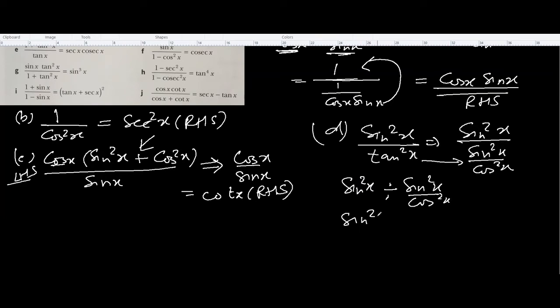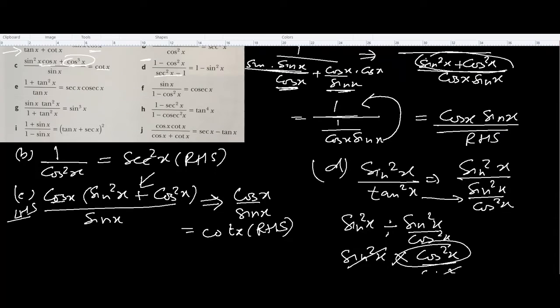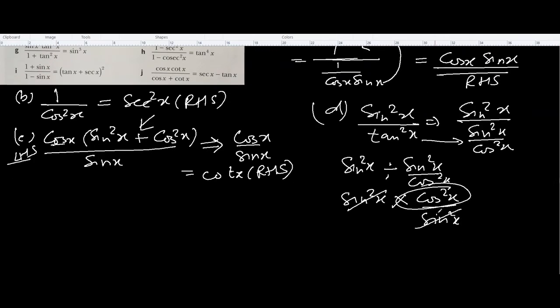So it can be written as sin square x multiplied by cos square x over sin square x. They cancel out, cos square is left, but on RHS they want 1 minus sin square x, and cos square x actually is 1 minus sin square x. Proven.